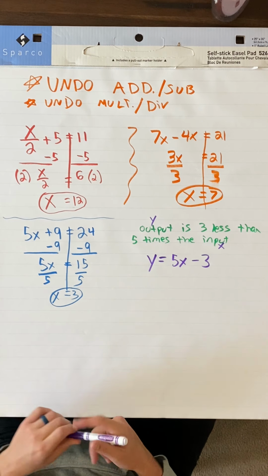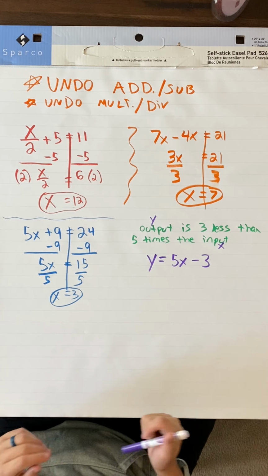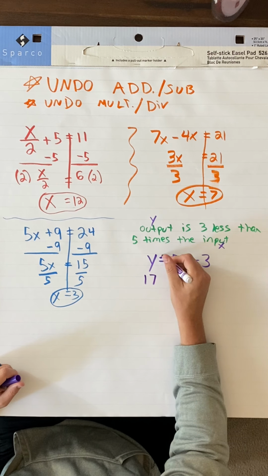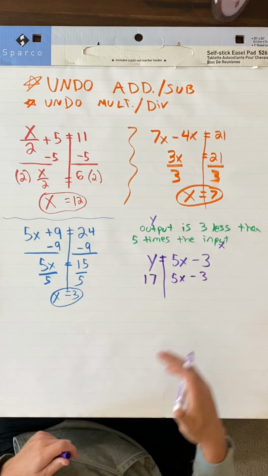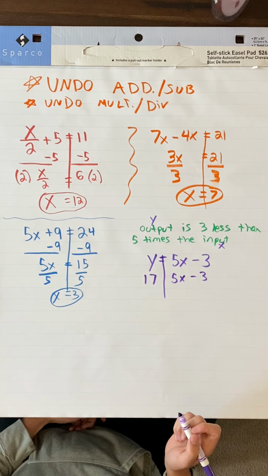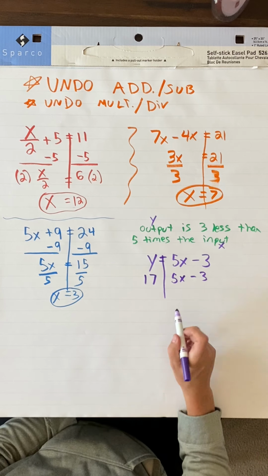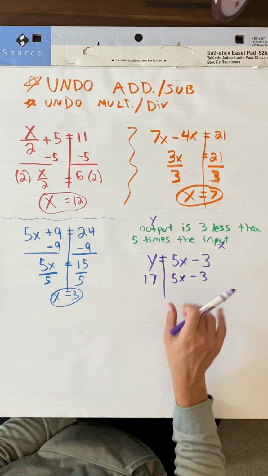The question says find the input when the output is 17. So if the output's 17, I'm going to rewrite this problem. 17 equals 5x minus 3. Now we have to solve this problem. So notice the variable's on the right side this time. Doesn't matter which side, we're still going to get it by itself.